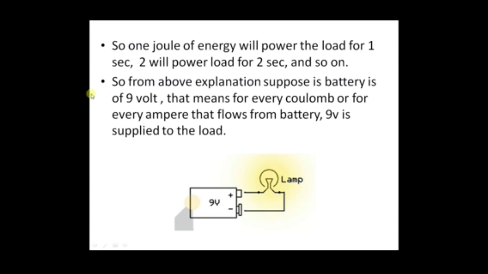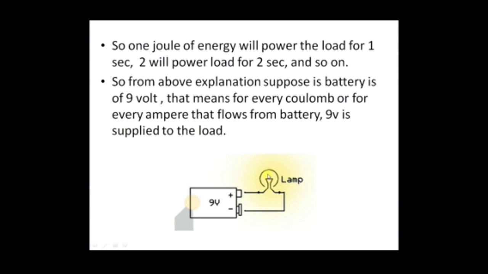From the above explanation, suppose we consider this example. Suppose a battery is of 9 volt, that means for every coulomb, that is for every ampere that flows through the battery, 9 volt is supplied to the load. Means what?